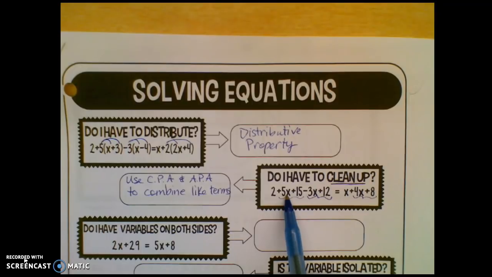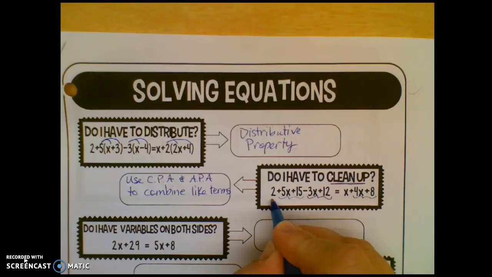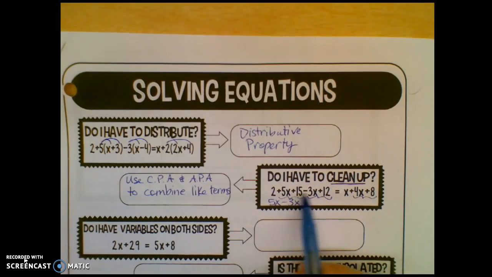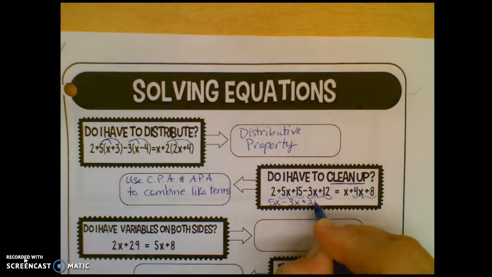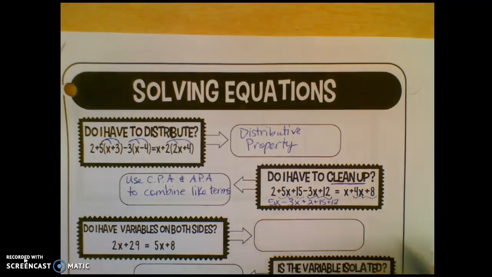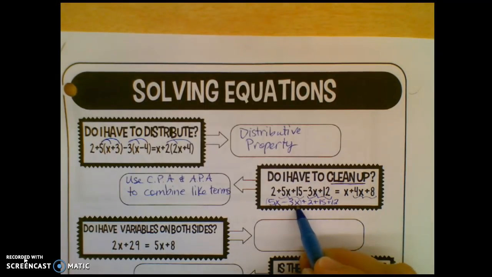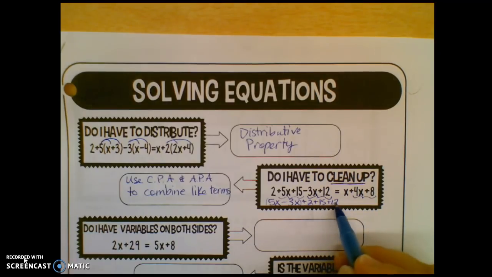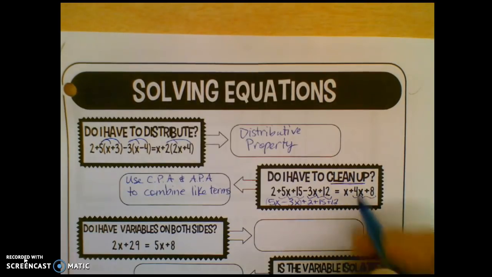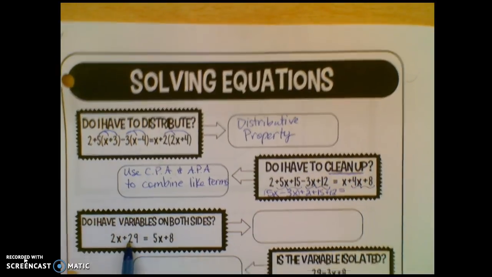So for example, we have a 5x and a negative 3x over here, so we can rewrite this as 5x minus 3x, and then we have a 2 and a 15 and a 12 that can all go together. So I'm going to associate these two terms with x, and I'm going to associate these 3 terms that are just numbers. And then on the right side of the equation, I have an x and a 4x that I can associate together. Once you do that, you get this over here.